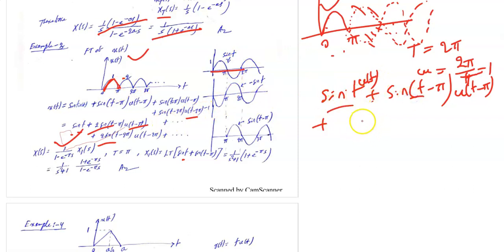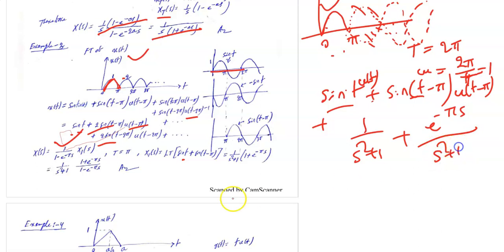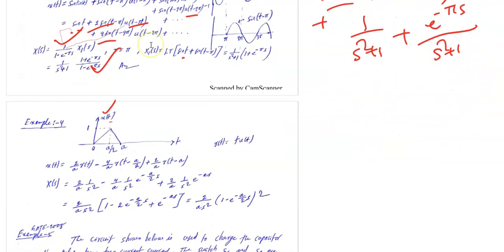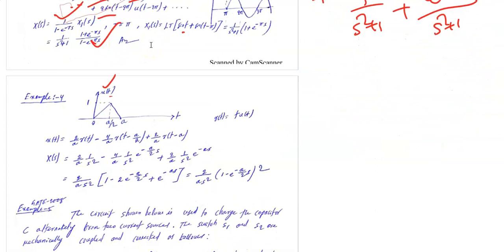So the Laplace transform of 1 period will be 1 upon s square plus 1 plus e to the power minus pi s upon s square plus 1. So putting these values, you will have this one. In the same way, you can easily find the Laplace transform of any signal.